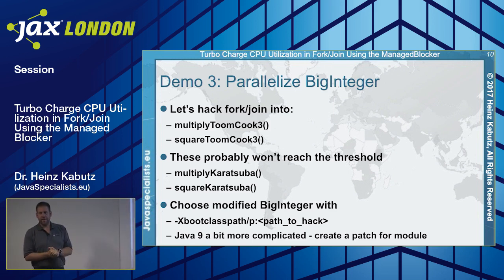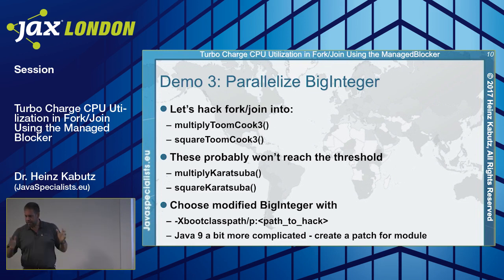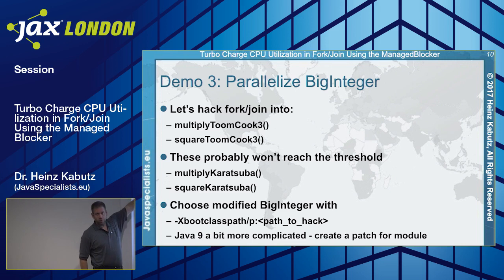If you call multiply, it just uses one thread to do the multiplication, and this is what's hurting us, because we do actually want to do all the big multiplications with multiple threads, or at least have the possibility of doing this. So we're going to change multiply to cook and square to cook. Both of these algorithms are going to be changed to allow for this parallelism.